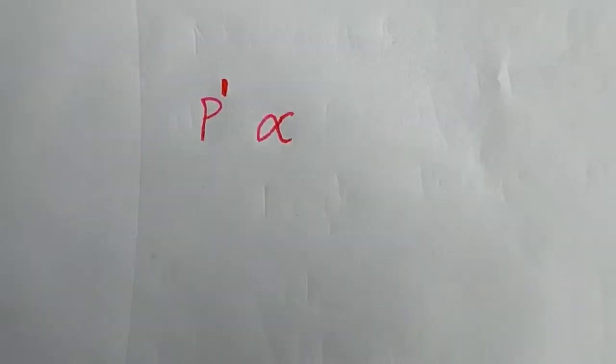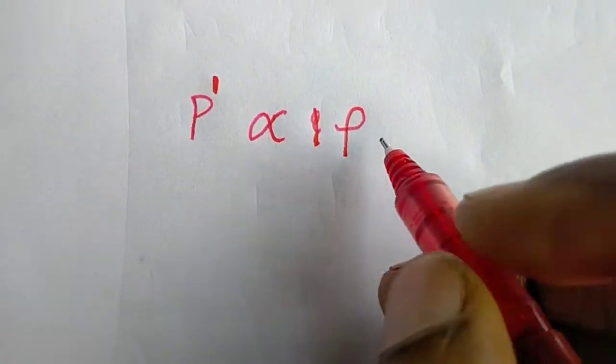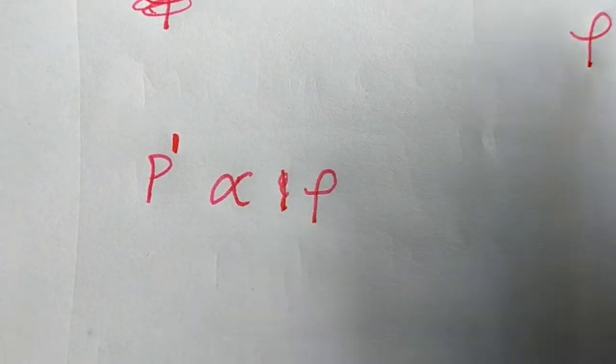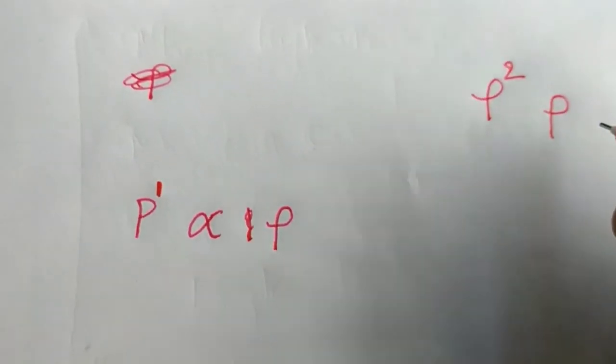So the density of gas, rho, squared. This is rho.